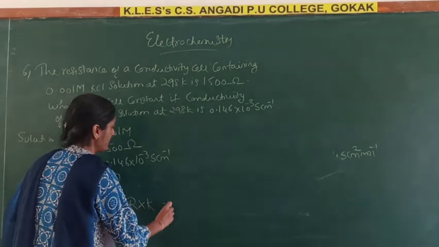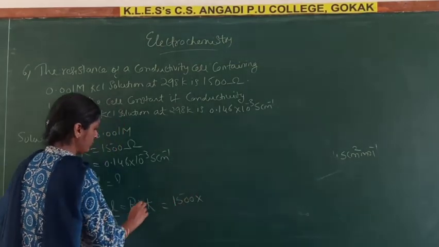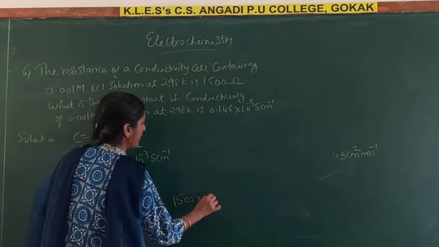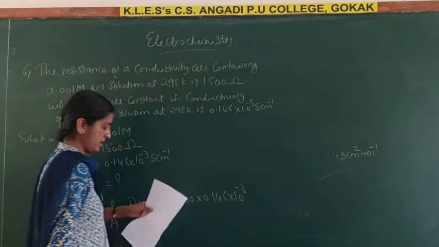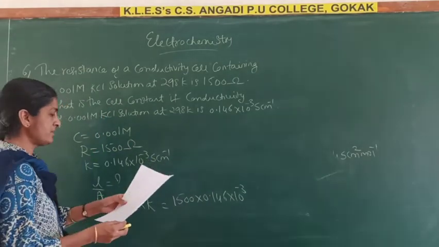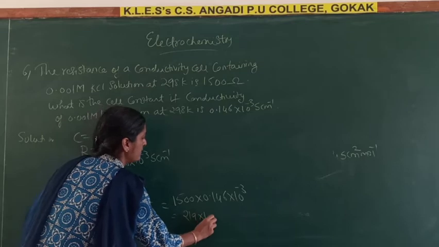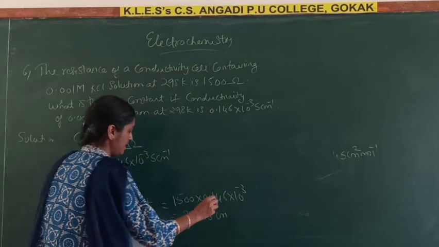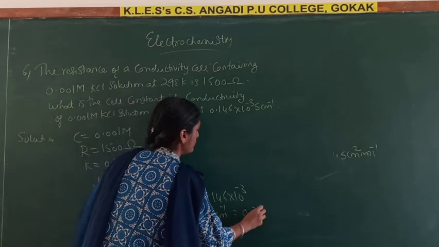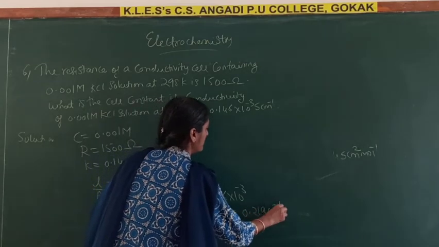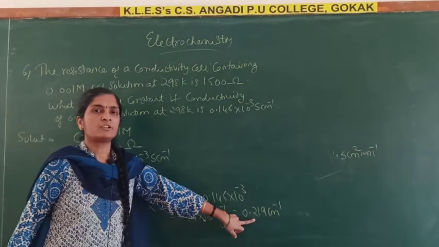So resistance is given to you, 1500, into kappa, 0.146 into 10 raised to minus 3. So the answer comes out to be 219 into 10 raised to minus 3 centimeter per centimeter, or 0.219 per centimeter. So that is the cell constant.